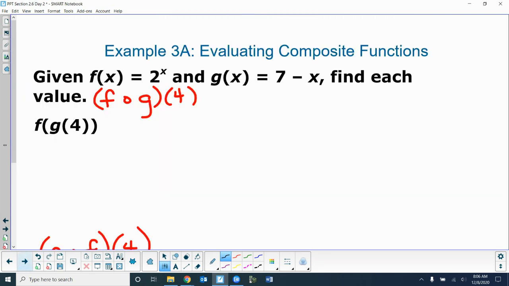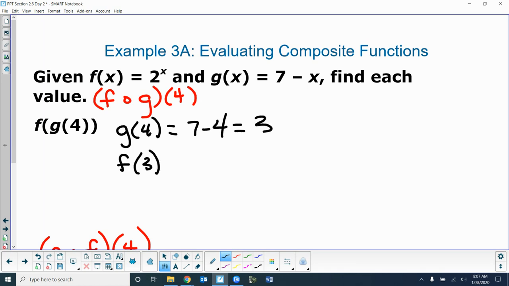So, let's look at it. All right, so this one's f circle g of 4, which means find g of 4 first. All right? So that means 7 minus 4. So what's that equal? 3. All right? So then you're going to find f of 3.